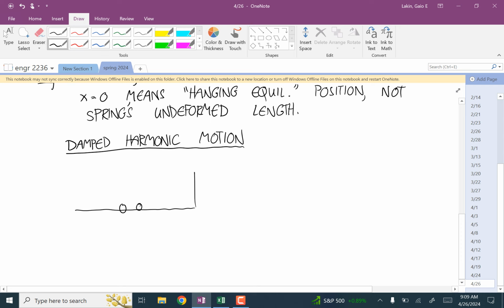We still have the cart with a mass m, and we still have a spring with a constant k. But now we have, in textbooks, they always call this a dash pot. I'm not sure what that comes from.